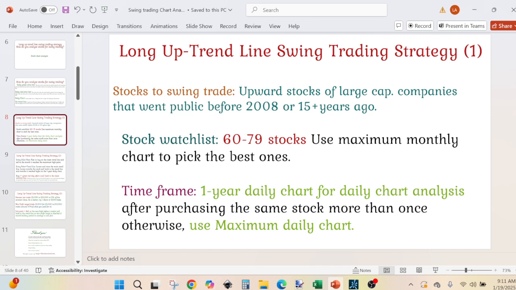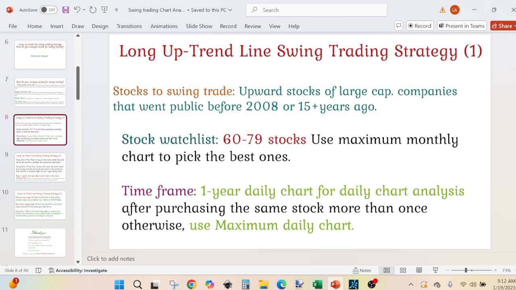But it's good to start with strong stocks that you know are going to be around for a while. And then you can use the maximum daily chart or 1 year daily chart, but it depends on how low the trend line that you like to buy at is, how low it is at the bottom of the screen.